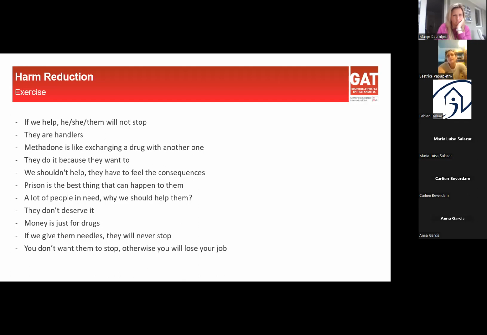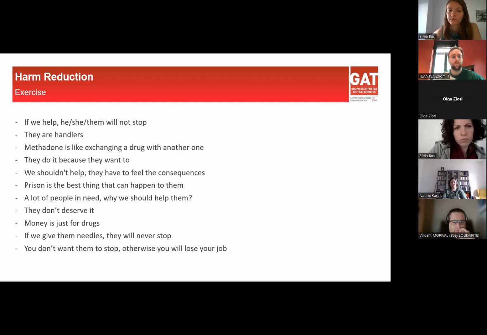So I thought, if you center the service on just giving people methadone and checking their urine and checking that they are not using, this is obviously not a harm reduction kind of policy.